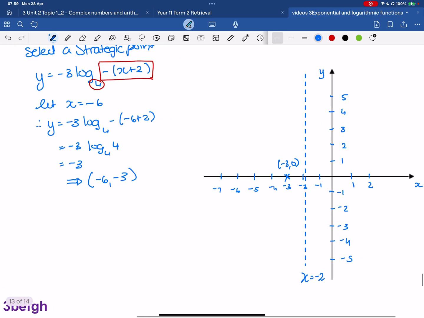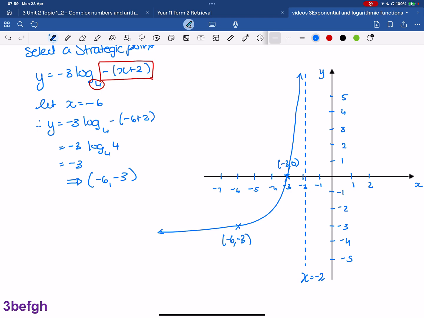And my other significant point is at negative 6, negative 3. And I know that my shape is going to be something like this. Oops, that went a little bit skew. There we go. y equals negative 3 log base 4 of negative x plus 2.